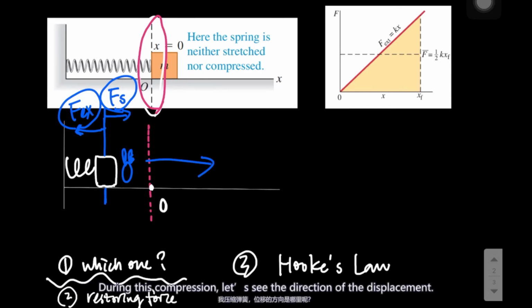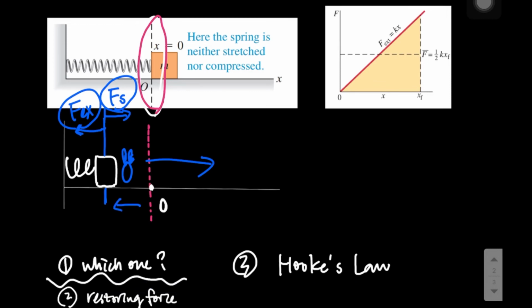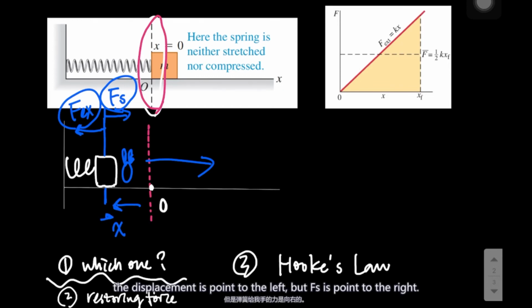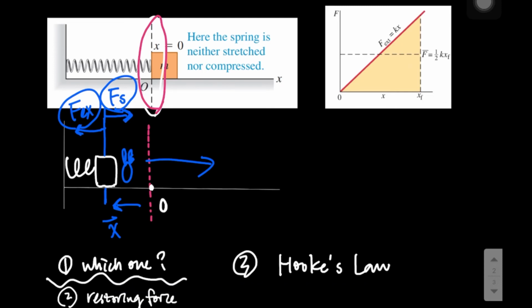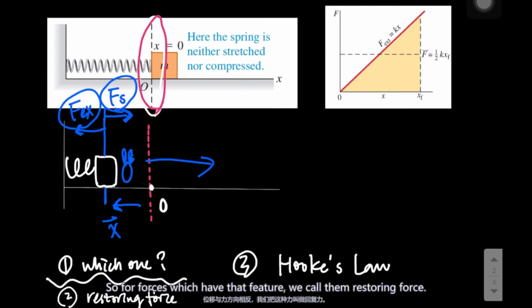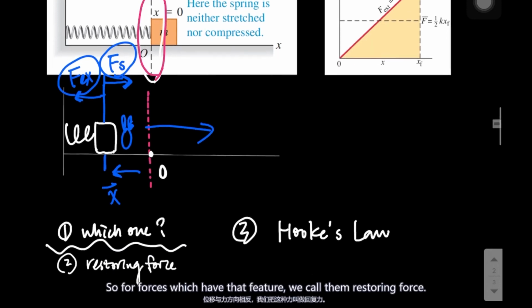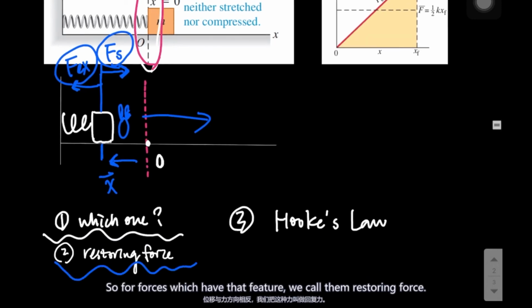And during this compression, let's see the direction of displacement. When I compress the object in this direction, displacement is pointing to the left, right? But Fs, the force exerted by the spring, is pointing to the right. So for forces that have that feature, we call them restoring force.